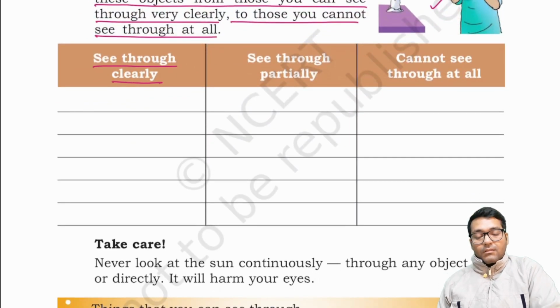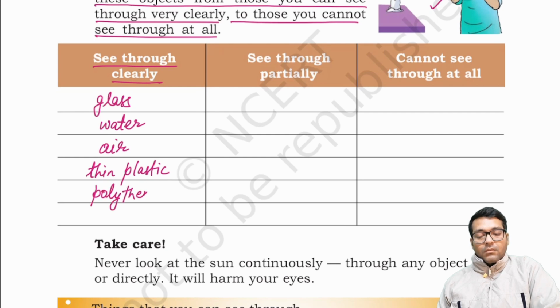See through clearly: glass, water, air, thin plastic or transparent plastic, polythene. See through partially: dirty glass, water or air, or oily paper.